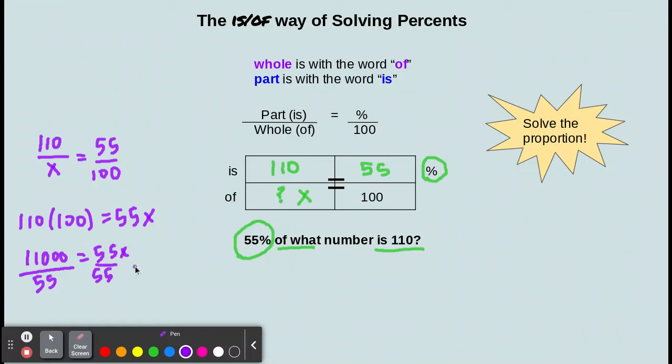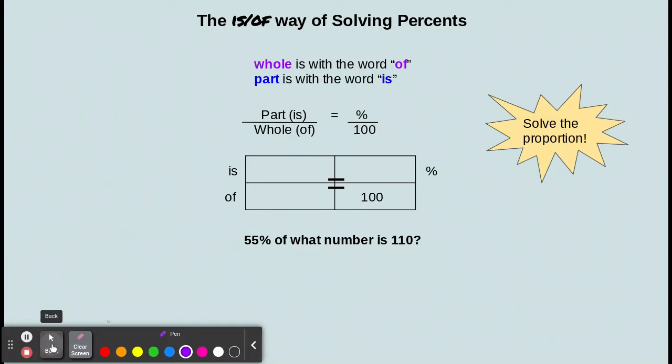And that means that x equals 200. So 55% of 200 is 110. And that seems about right because we know 50% of 200 is going to be 100, right? So our answer is definitely correct.